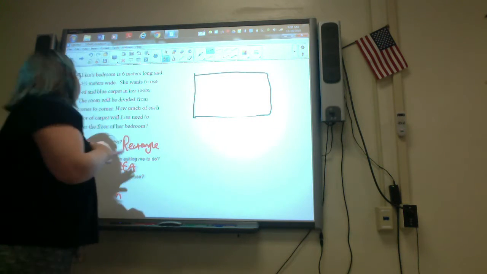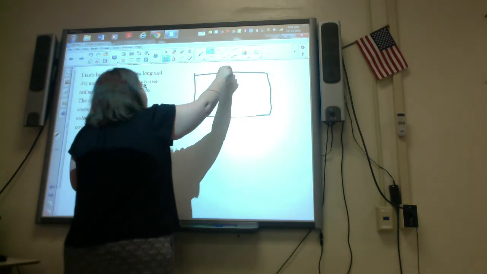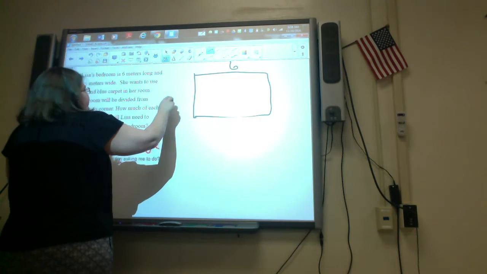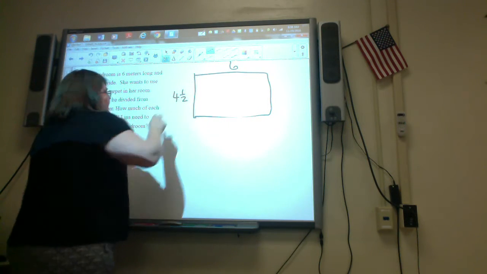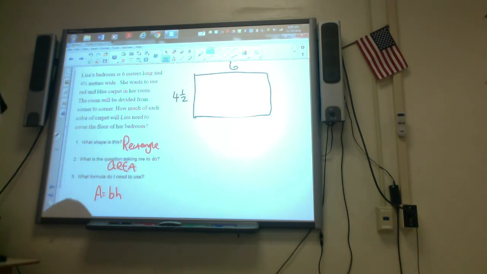All right, so I know it is 6 meters long, 4.5 meters wide. Now, the room, she's going to do her room in 2 pieces. So she's got to buy some red carpet and she has to buy some blue carpet. The room will be divided from corner to corner.